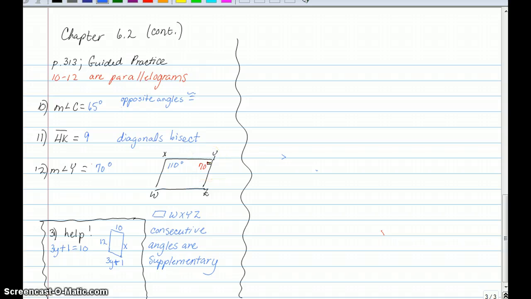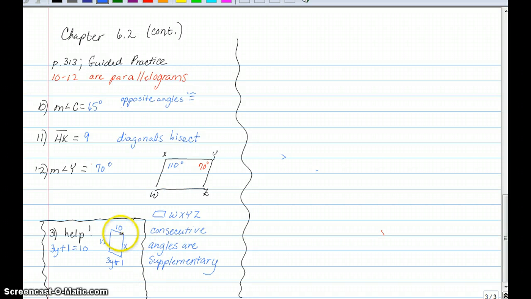Now, in your assignment, you have some algebra problems. If it requires some solving, you need to show your work. For instance, if you look at 31, I actually drew a picture of it, so it would be helpful if you did it as well. You would see that this is a parallelogram, so 12 and x are going to be congruent, and you don't have any solving, so you just write the value of x.